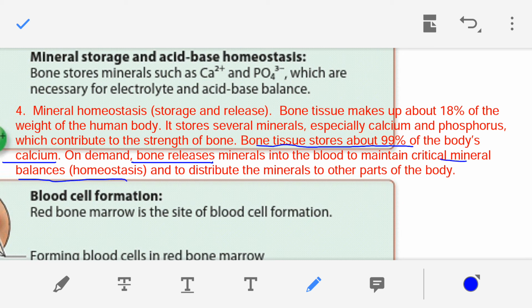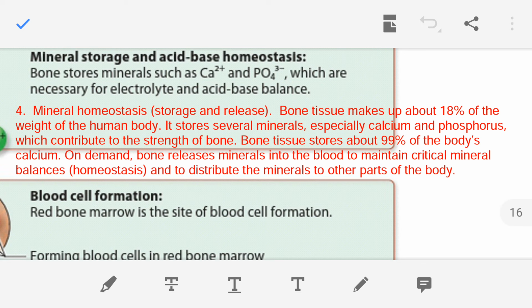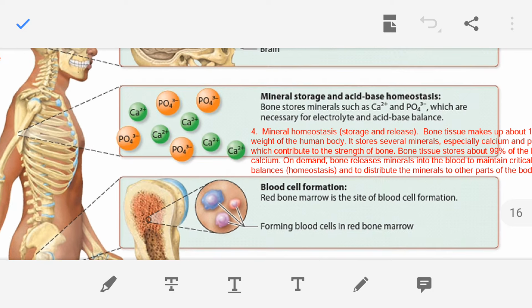That means the mineral balances are maintained by release of calcium and phosphorus by the bone. And bones are also distributing the minerals to other parts of the body via the medium of blood. So in short, whenever there is a requirement, bone releases calcium and phosphorus, and these ions are distributed in the other parts of the body as per the requirement of our body.